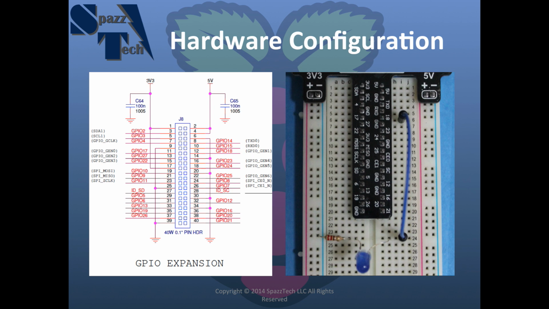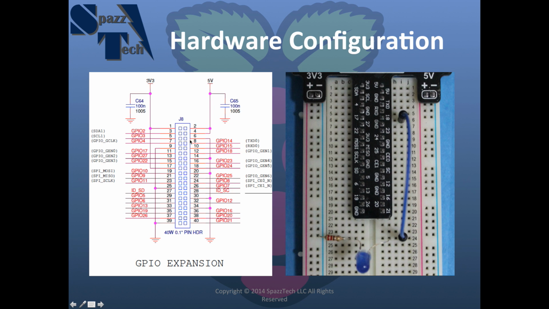Before we get started with the actual C program, first let's go over the hardware configuration. On the Raspberry Pi website, you can get access to the schematic, which will show you the pinout for the 40-pin header that's on the Raspberry Pi. And this is a very typical schematic for a connector for any circuit board.